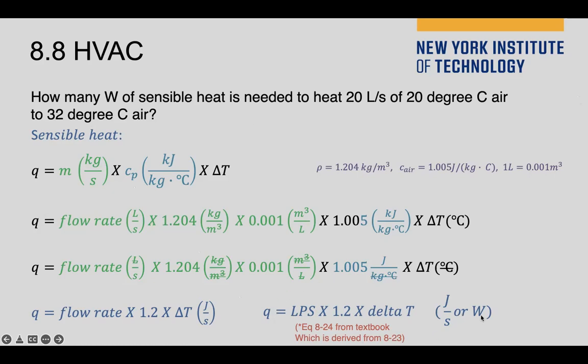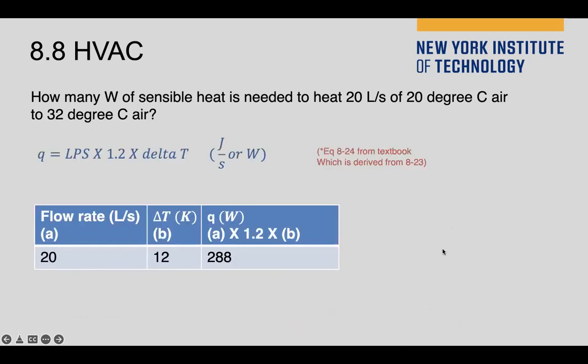By this equation, the volume flow rate 1.2 is what we have defined here, and the delta T is obtained by 32 subtract 20. So in the next pages, same question, we just put the numbers in this equation, and we can obtain the power is equal to 288.